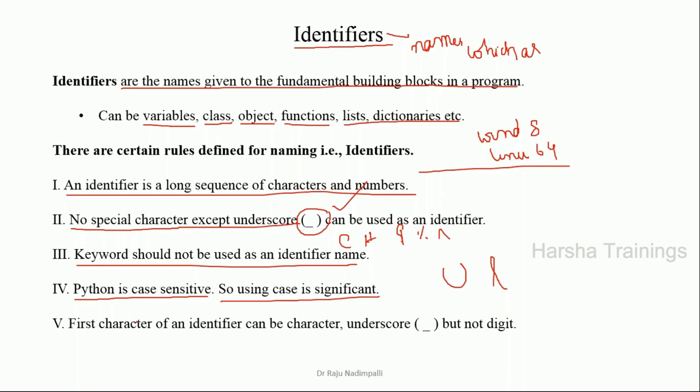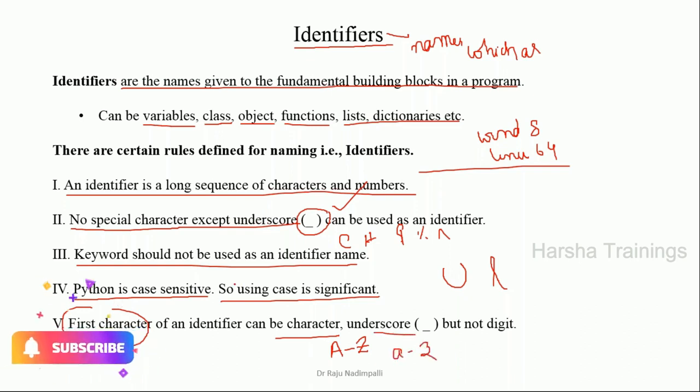The most important rule is that the first character of an identifier can be an uppercase character from capital A to capital Z, or a small a to small z, or underscore. You cannot start identifiers with a digit. Is it okay?